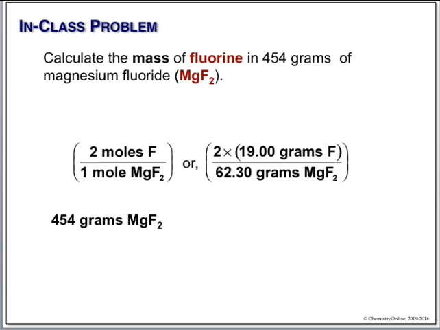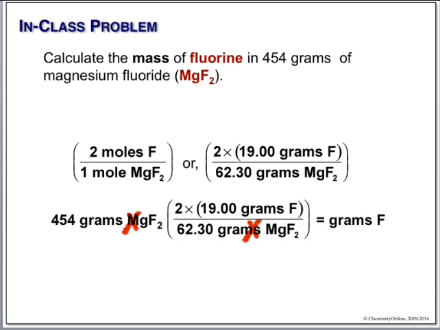I'm just going to use this as my ratio, because I can do that. It's just a ratio. Do it all at once. Again, grams of magnesium fluoride cancel, and we're left only with grams of fluorine. Very simple calculation now: 454 times 2 times 19 divided by 62. That's 276.9 grams of fluorine.